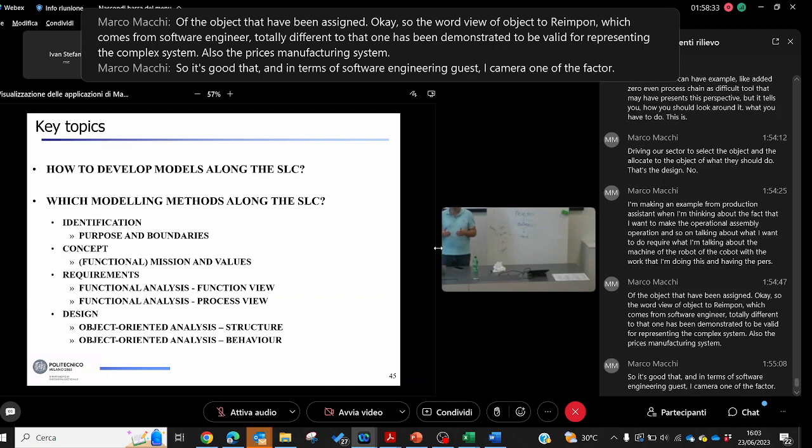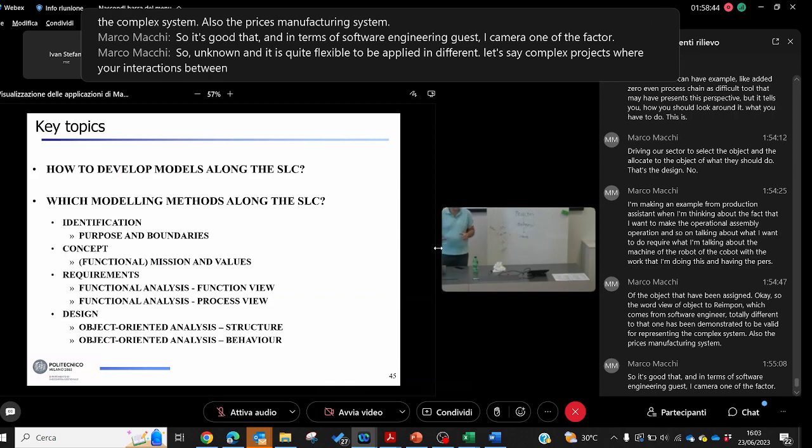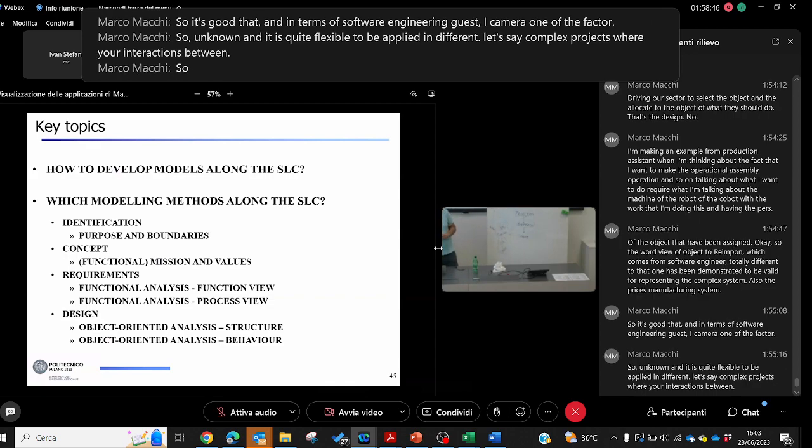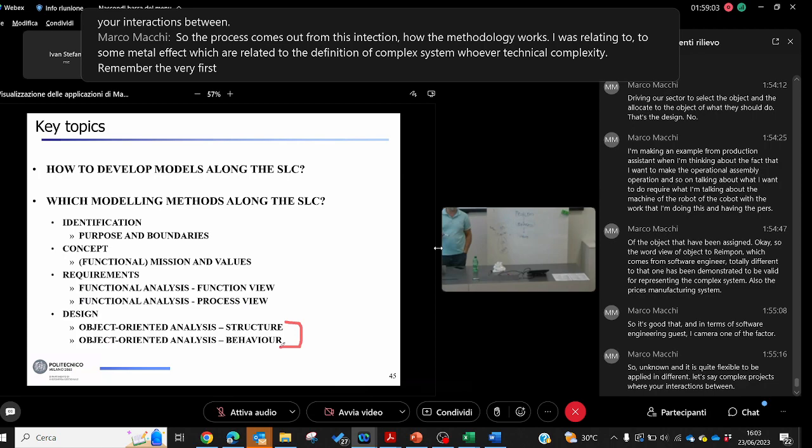It's well known, and it is quite flexible to be applied in different, let's say, complex projects where you have interactions between objects. So the process comes out from this interaction. How the methodology works. I was relating to some matters of fact which are related to the definition of complex system. We have technical complexity. Remember the very first consideration I did in the course.